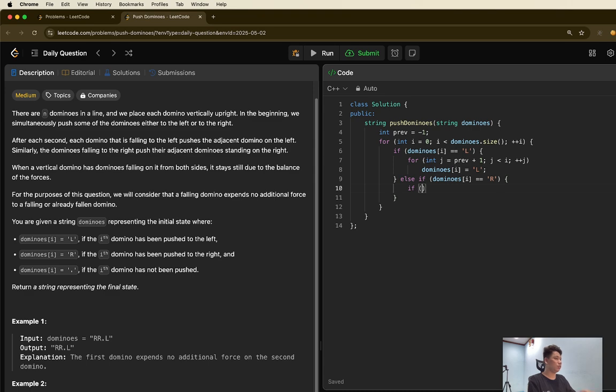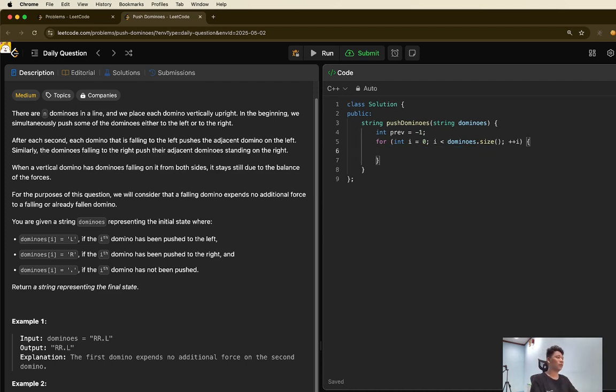So we need to consider the previous E exists, Dominoes with E. In this case, if E left right, left, sorry, have something wrong here again, sorry. Okay.